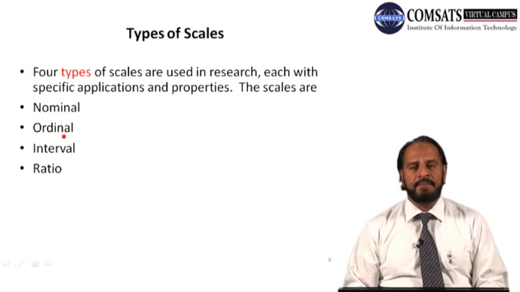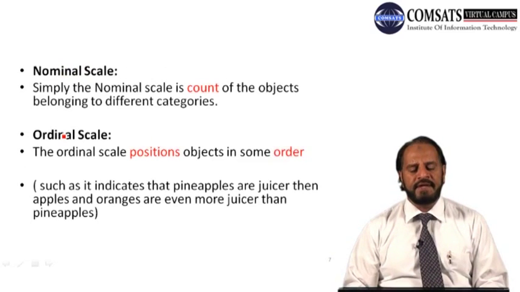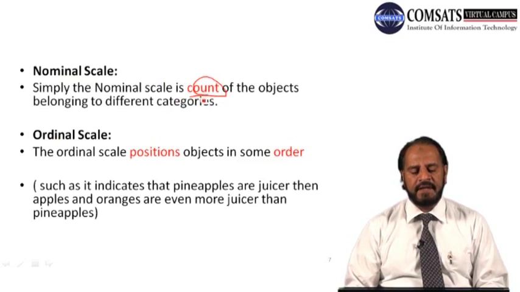There are generally four types of scales: the nominal, ordinal, interval, and ratio scale. We are going to go into detail on these scales. Generally, a nominal scale counts the number of objects belonging to different categories.